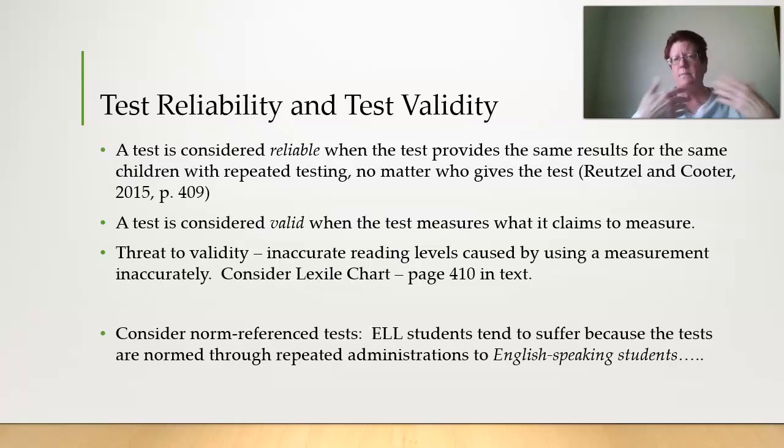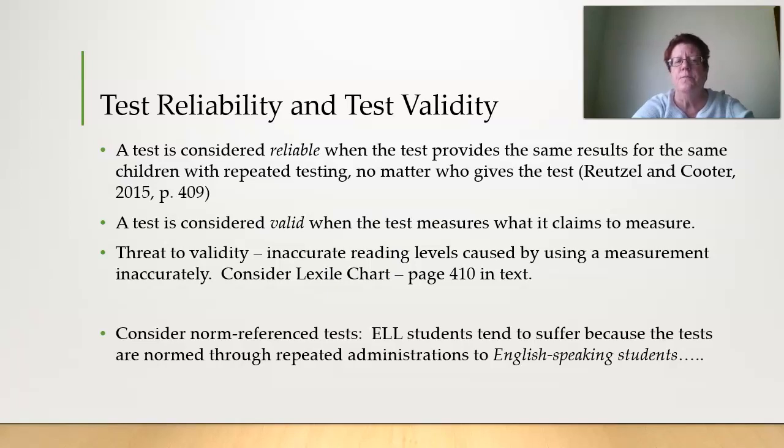So if we're looking at the milestones, for instance, we get the same kind of results in general from all third graders across the nation, or all sixth graders, or all 12th graders. No matter who gives that test, every child who takes that test, the general results are the same.